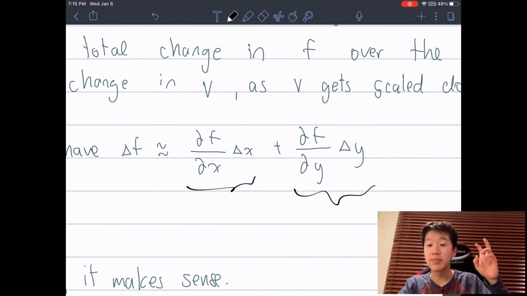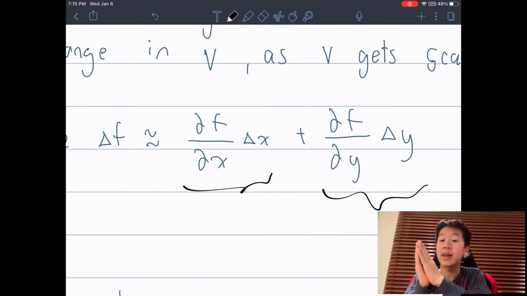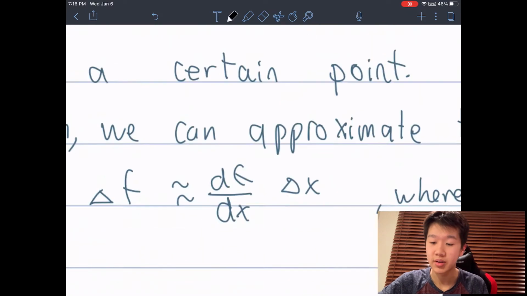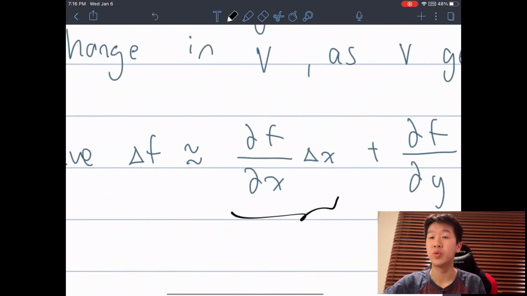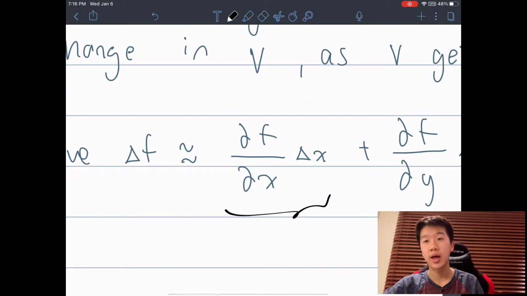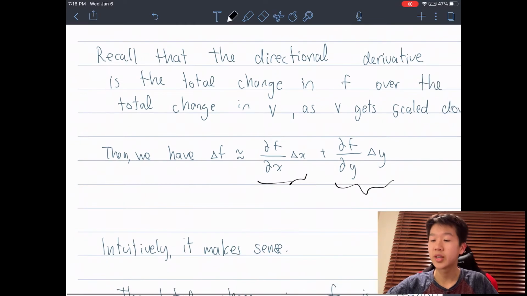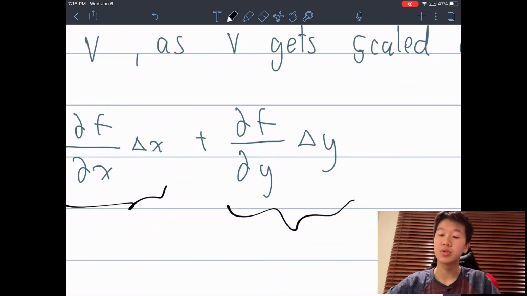So you can kind of imagine as if f was just a single variable function and it only had as parameter x, then the change in f due to that x would be the formula we had up there. So df over dx times delta x. But we substitute with the appropriate terms and we have del f over del x times delta x, and you have the total change in f due to y, it's equal to del f over del y times delta y.